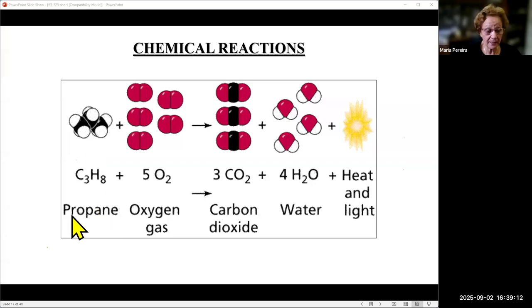This type of reaction, we say it's an exergonic reaction because it releases energy. And this energy can be used to warm up, like in heaters, or in lanterns in this case.